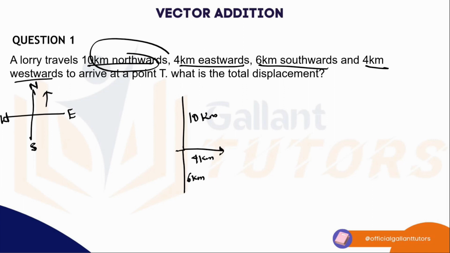Are you there? And lastly, we have 4 kilometers westwards. So this is the diagrammatic representation of this question.